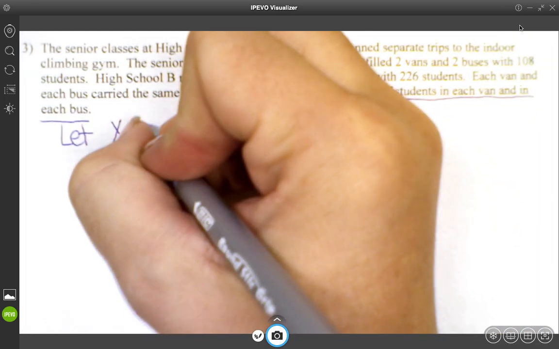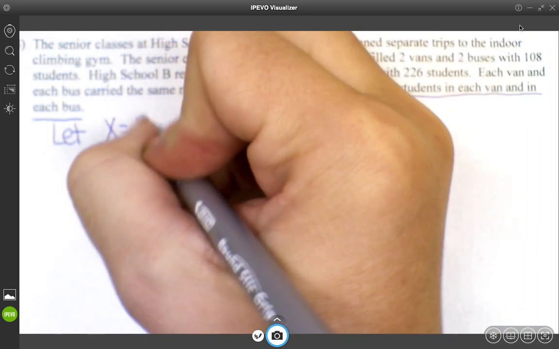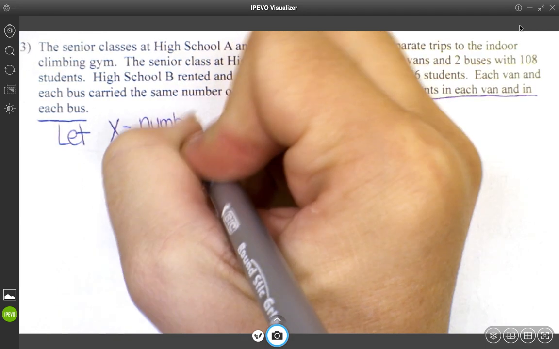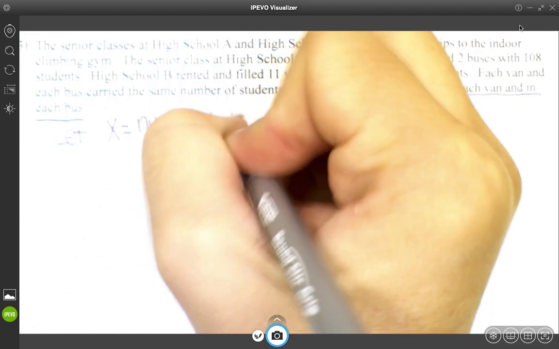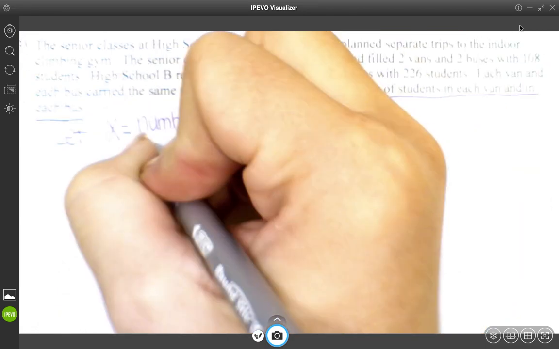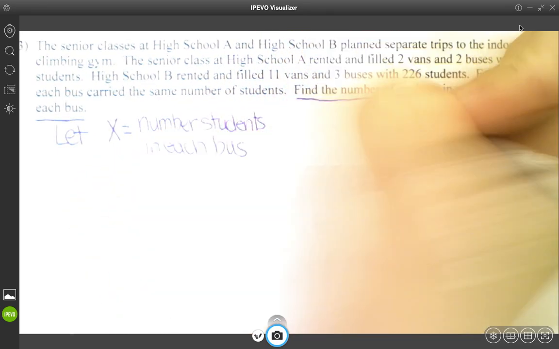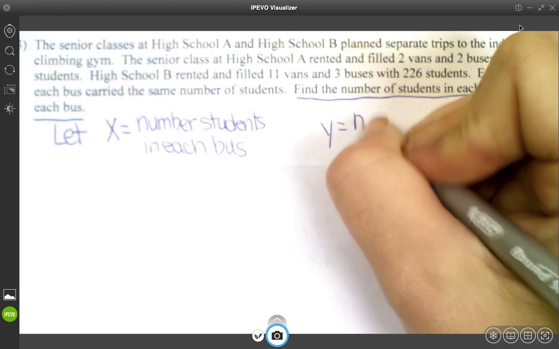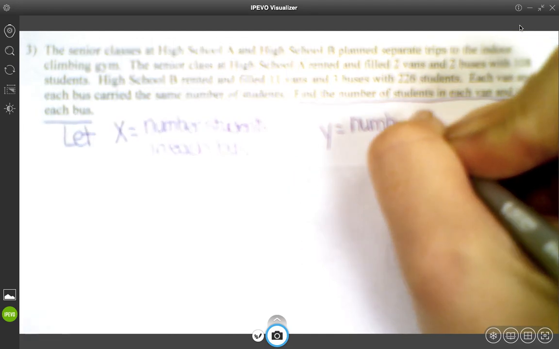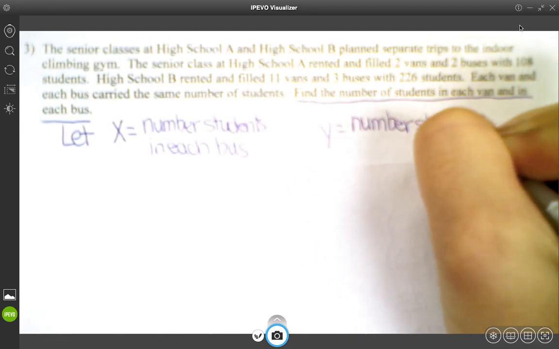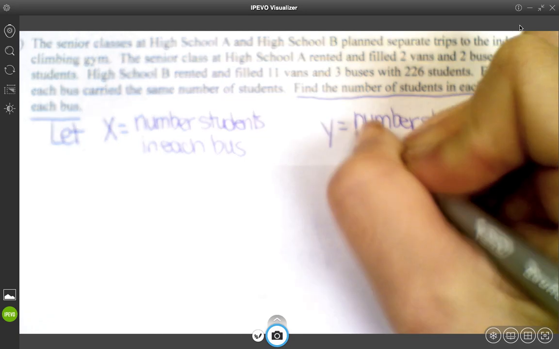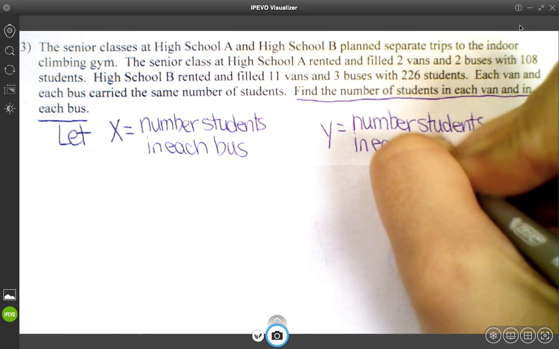So we are going to let X equal the number of students in each bus, and we're going to let Y equal the number of students in each van.